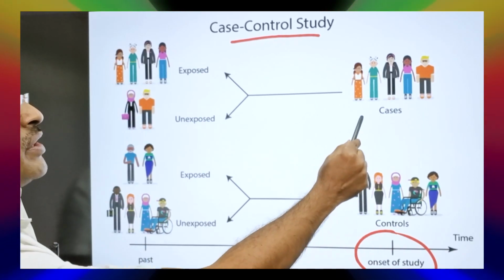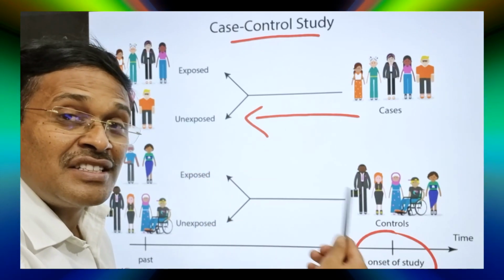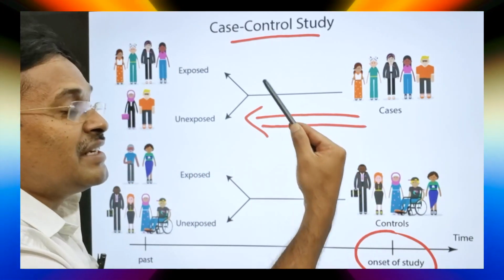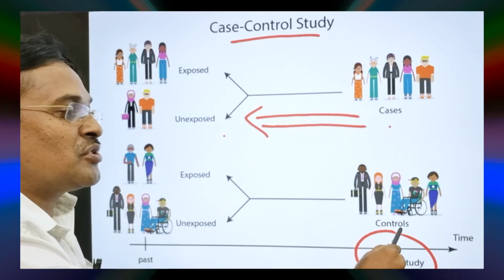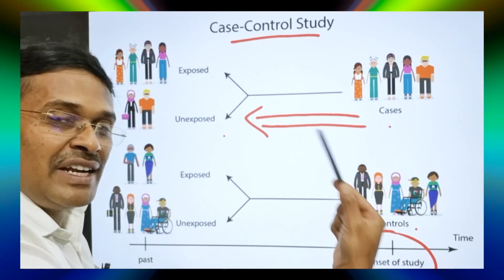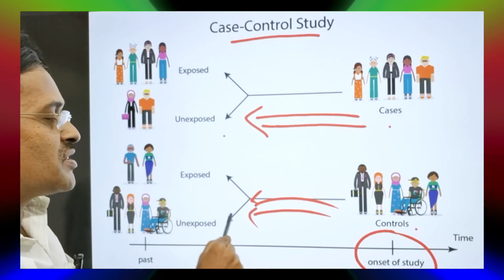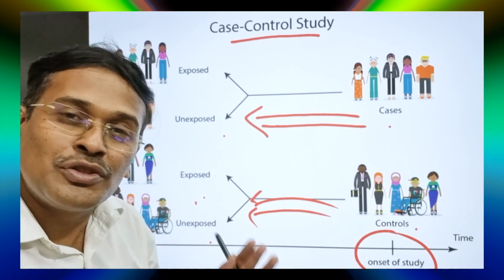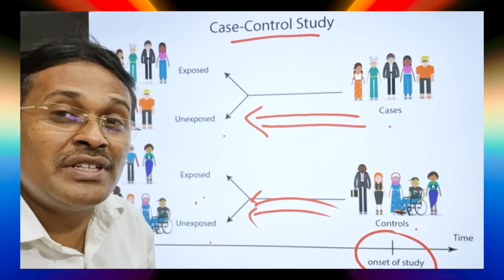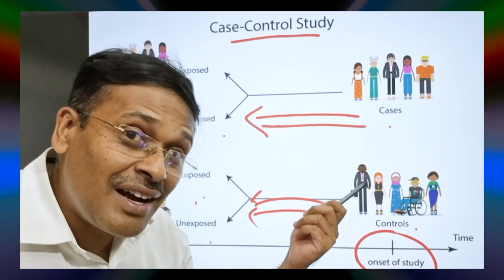What we are doing is going back in history and seeing whether the cases were exposed or not exposed. Controls also, they didn't develop the disease. You are going back in history records, searching whether the controls were exposed to the particular factor or not. So this is a standard case control design where the study starts after the outcome has occurred.